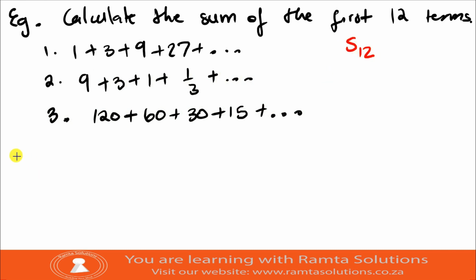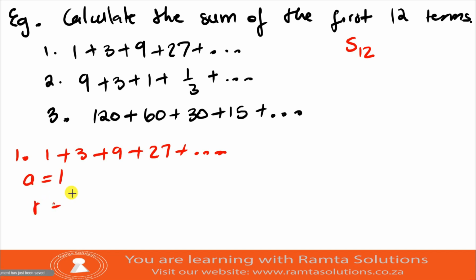Let's look at number 1. We have 1 plus 3 plus 9 plus 27 plus, and so forth. As we can see here, our first term is 1. What is our common ratio? T2 over T1 is 3 over 1. This tells us that our common ratio is 3.